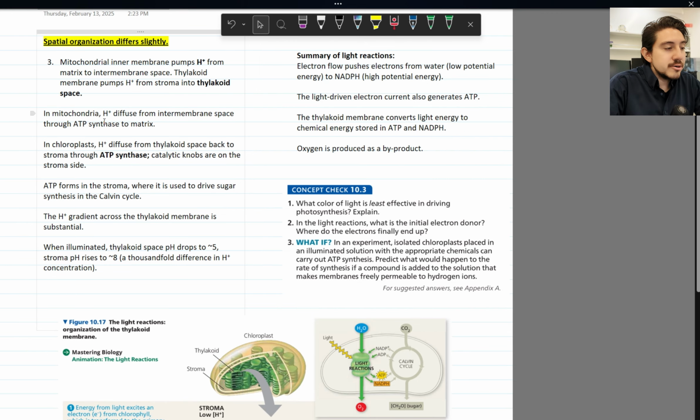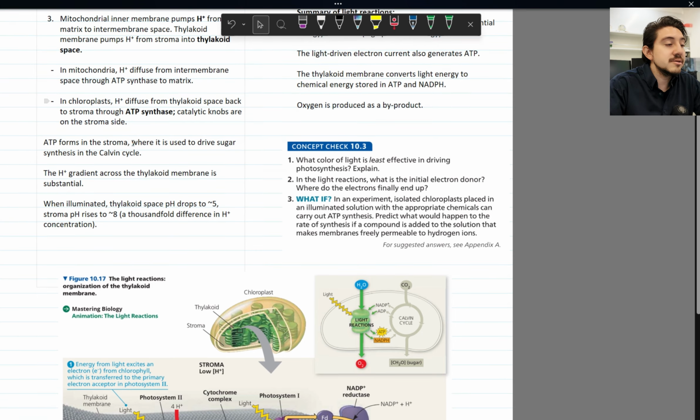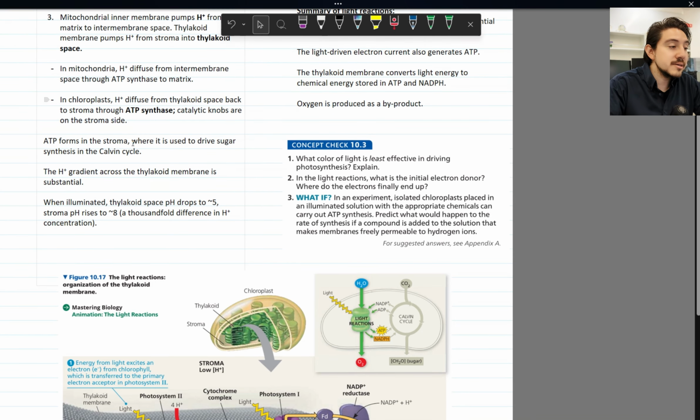Again, in mitochondria, hydrogen plus ions diffuse from the intermembrane space through ATP synthase to the matrix to produce ATP. In chloroplasts, hydrogen plus ions diffuse from the thylakoid space to the stroma, again through ATP synthase.